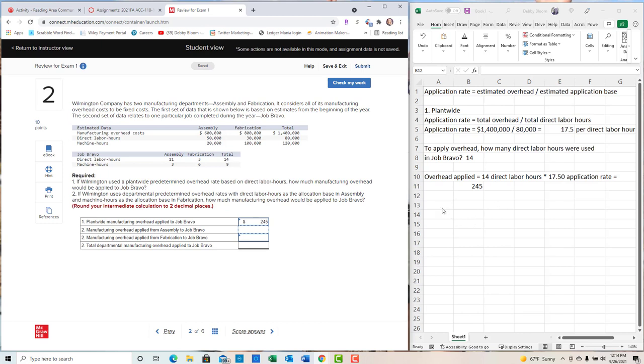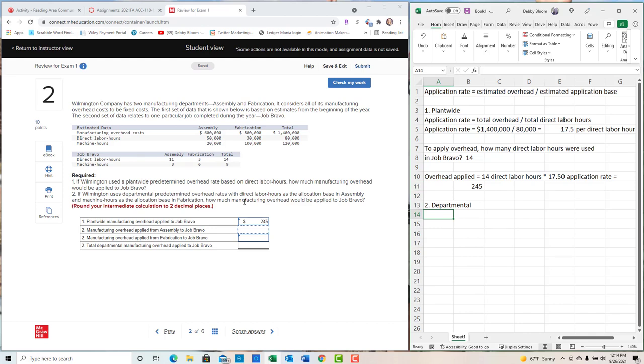Okay, now we're going to work on departmental rates. With departmental rates, we're still going to use the same formula that we have up here, estimated overhead divided by estimated base, but now we're going to have two different columns. We'll have an assembly rate and we'll have a fabrication rate.